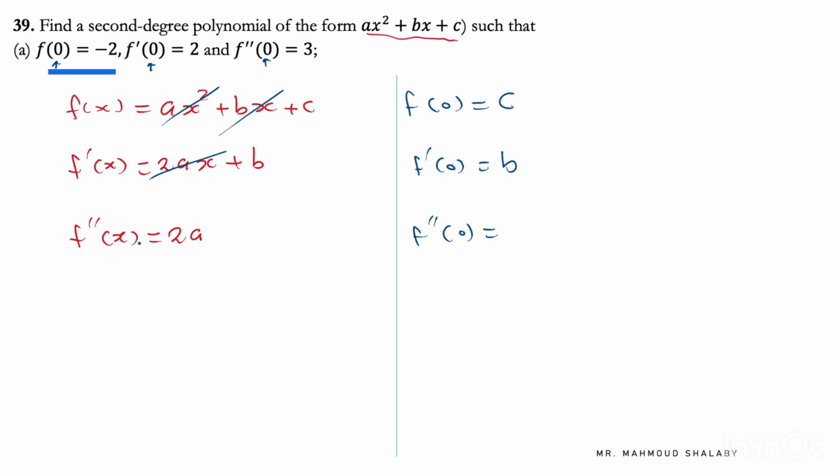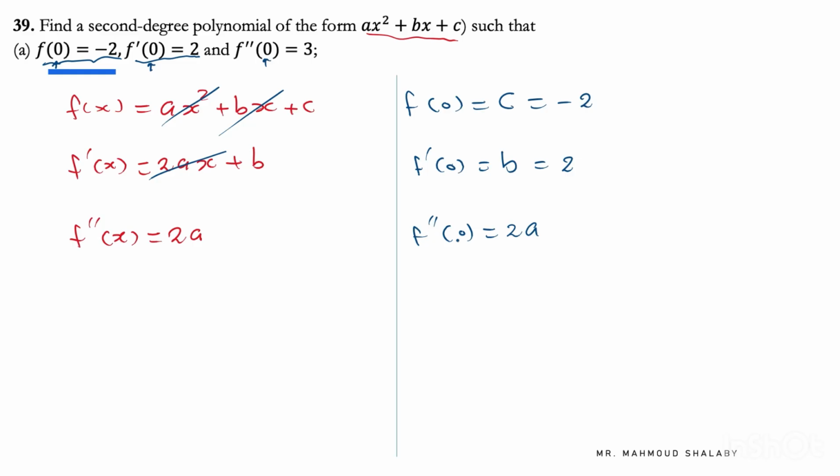And for f''(0), there is no x to substitute, so the answer is 2a. Now, I know from the question that f(0) = -2, which means c = -2. F'(0) = b, and from the question f'(0) = 2, which means b = 2.